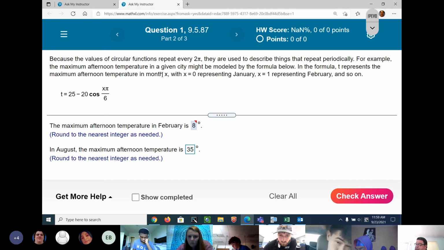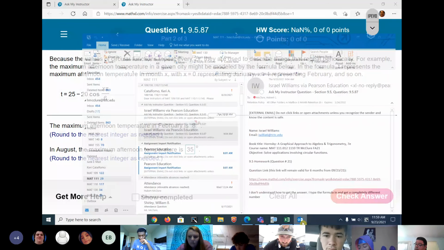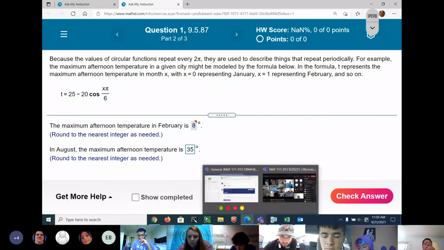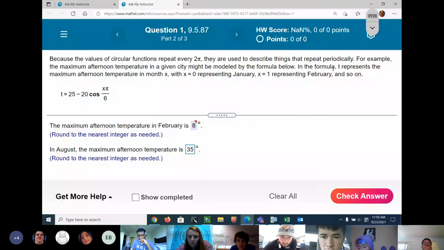I'm just writing some of this down. 9.5, number 87/21. In the formula, T represents maximum temperature with X equals 0 representing January and December being 12.